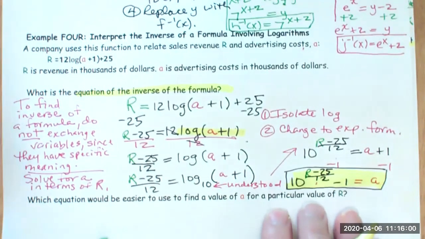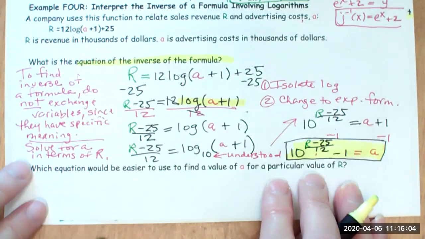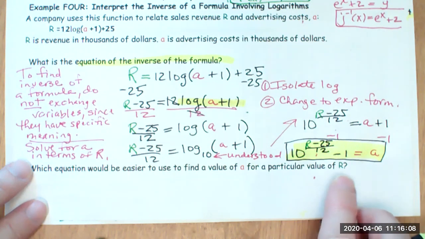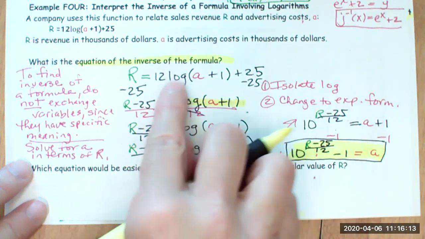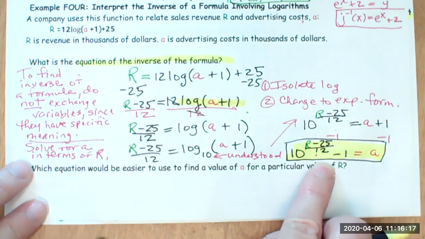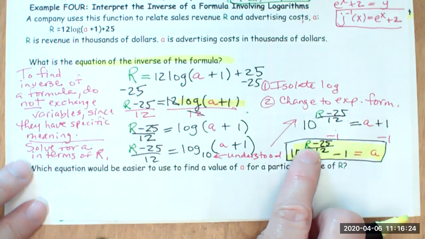Now, finally, it says which equation would be easier to use to find a value of A for a particular value of R. Basically, we're saying, given R, would it be easier to use the original equation or our new equation? And I think, obviously, we'd all say, if we're given R, it makes sense to use the inverse formula. And that's the reason that we want to solve for A in terms of R, right?